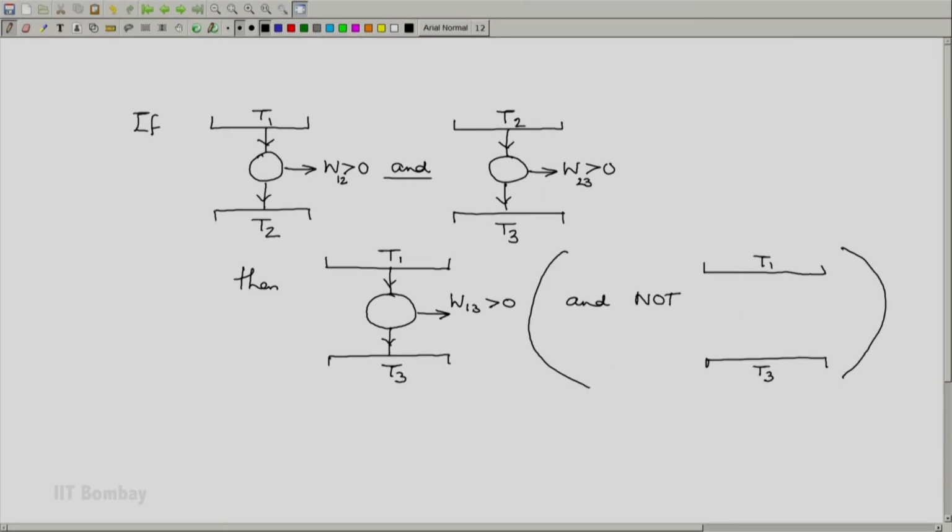This we can keep in brackets just to emphasize, because this is just reiterating what is in the left part. Such a thing cannot exist.